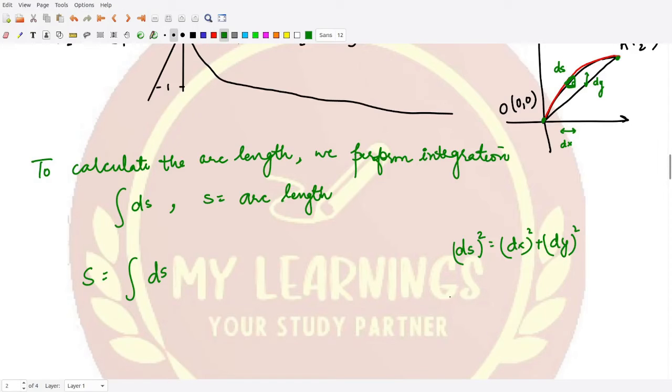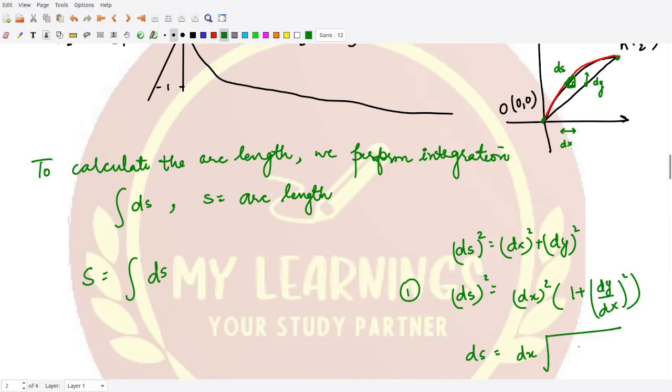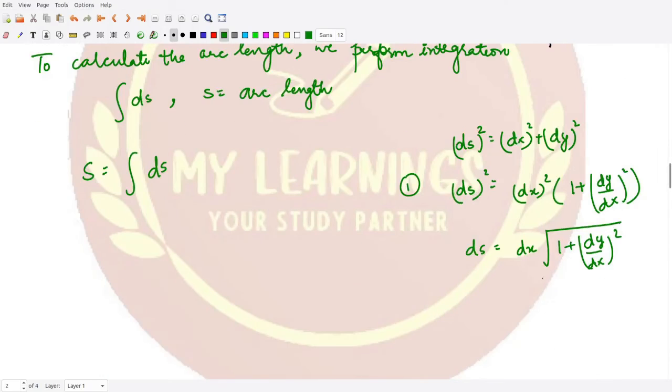So from here I could evaluate ds in two ways. The first way is that I could write ds square is equal to dx square, and I could write this to be 1 plus (dy upon dx) whole square, right? Or you have ds is equal to dx times the square root of 1 plus (dy upon dx) whole square. This is one way of representing ds in terms of dx.